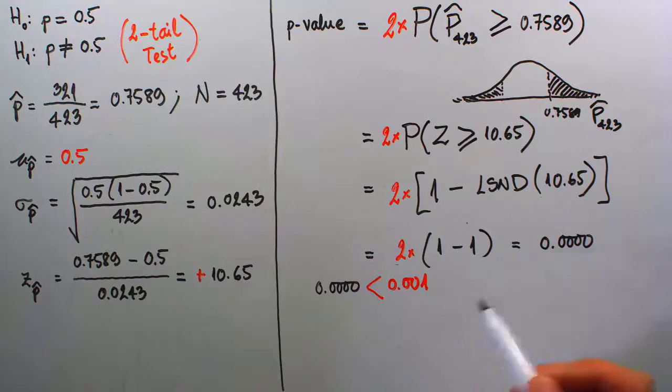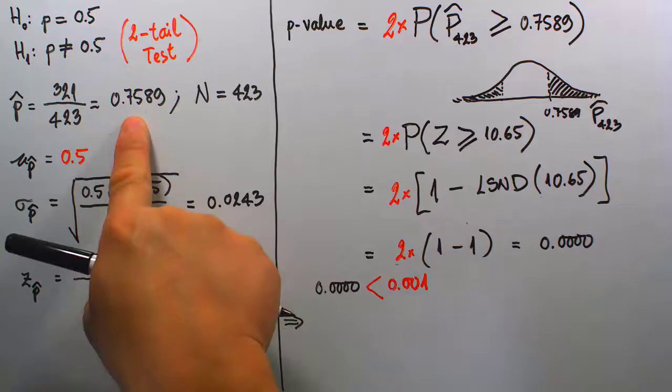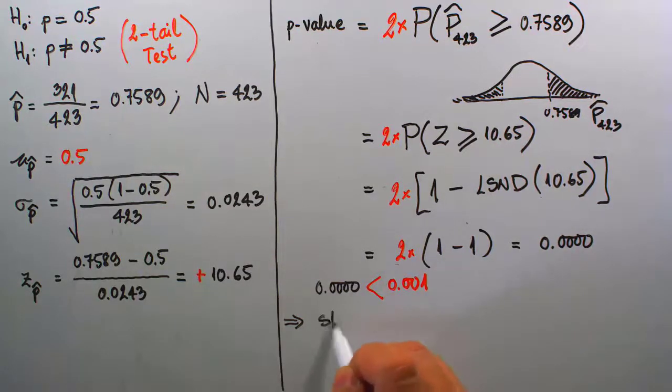And so, just like how we've been making our conclusion in the earlier examples, as long as our p-value falls below the significance level, then ultimately we can make the final conclusion that our sample, our p-hat value, is showing strong evidence.